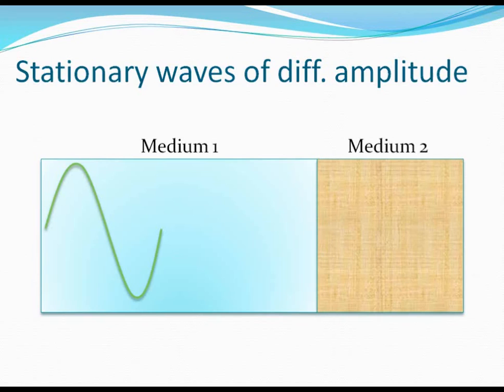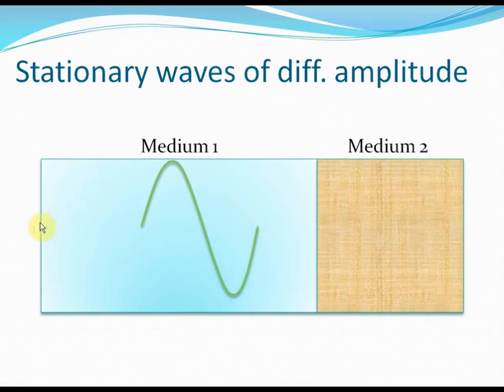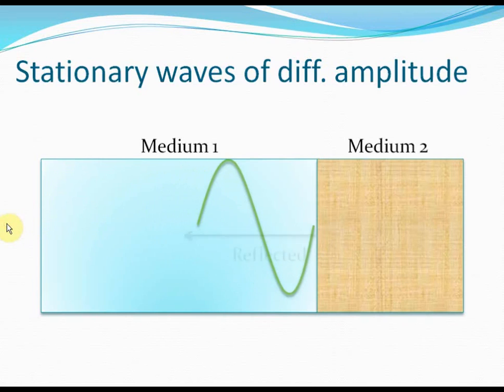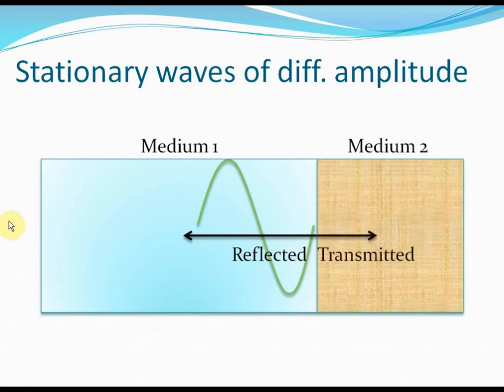And in the problem we just solved, the amplitude of the incident wave and the wave superimposed on it was the same. What will be the equation of the final stationary wave when something like this happens? Some portion is reflected, some portion is transmitted. Then the amplitudes of the reflected wave and the transmitted wave, as we know, will be such that a reflected plus a transmitted is equal to a incident.